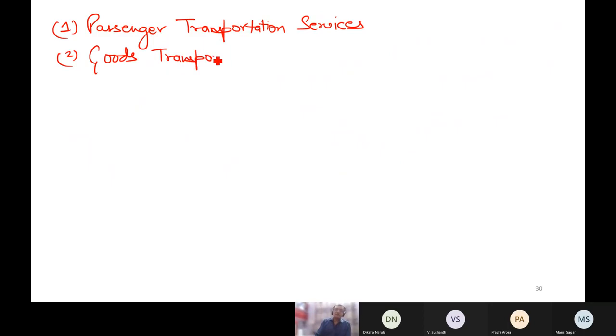When you go and purchase any ticket to watch any movie in a multiplex, always check that tax invoice is a little bit different. Goods transportation services different.